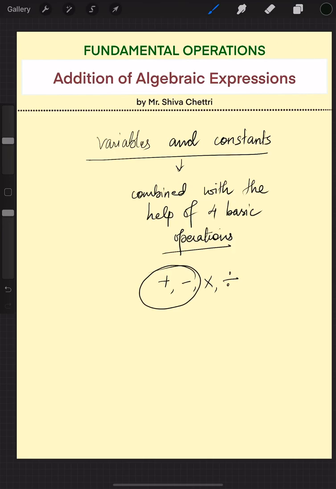Last time we discussed how to find the value of an algebraic expression by putting in the values of literals or variables, and we get the desired solution. But for now we will not find the value, we will add the algebraic expressions. So how do we add? Let's see.